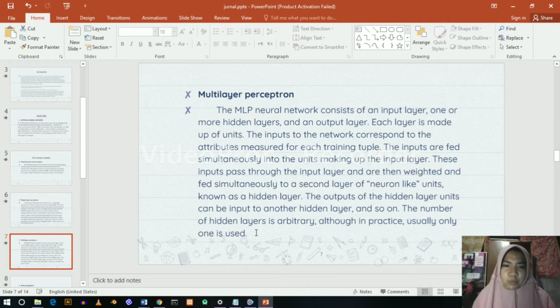These inputs pass through the input layer and are then weighted and fed simultaneously to a second layer of neuron-like units known as a hidden layer. The outputs of the hidden layer units can be input to another hidden layer, and so on. The number of hidden layers is arbitrary, although in practice, usually only one is used.